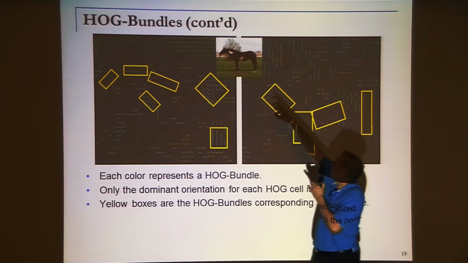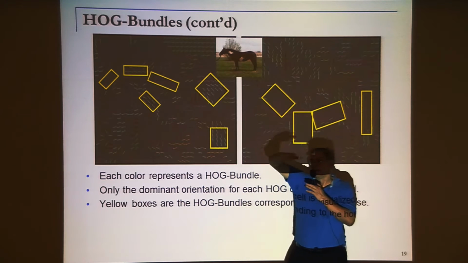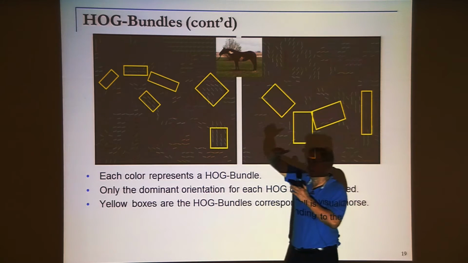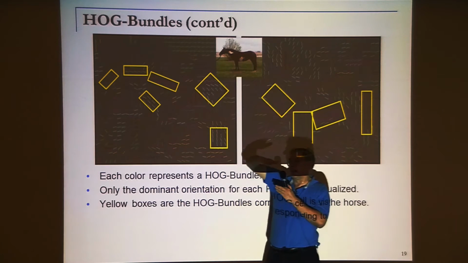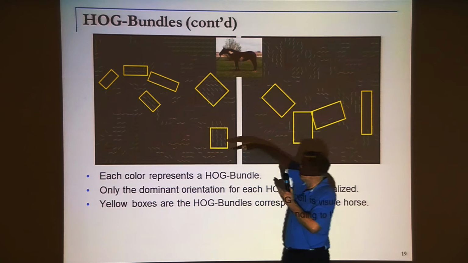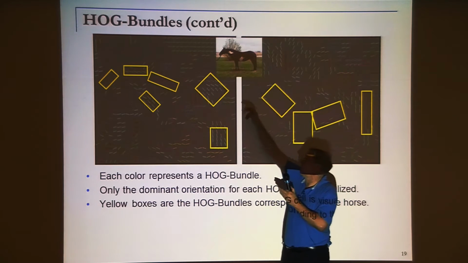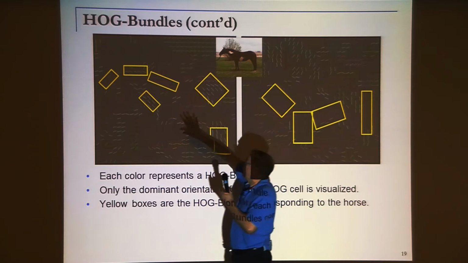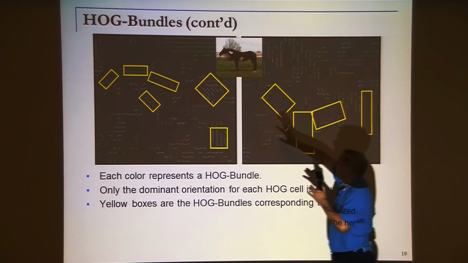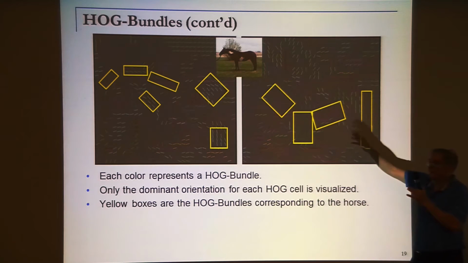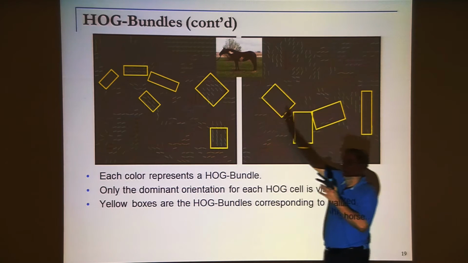Also, if you looked at the head of the horse, or the neck, or the back, you'd find again the HOG bundles were fairly similar along it, because at the back there would be a strong edge between the horse and the sky. It would be a strong horizontal edge like that, so a HOG bundle in one part of it would be similar to a HOG bundle in another part of it. So if you run the HOG bundles on the images, you got a pre-processed version of the image, which captured not all, but some of the interesting features of it.